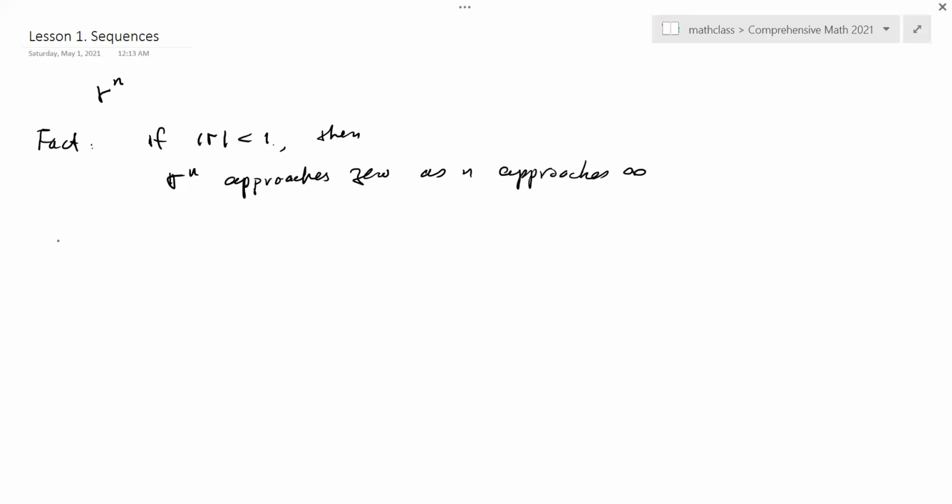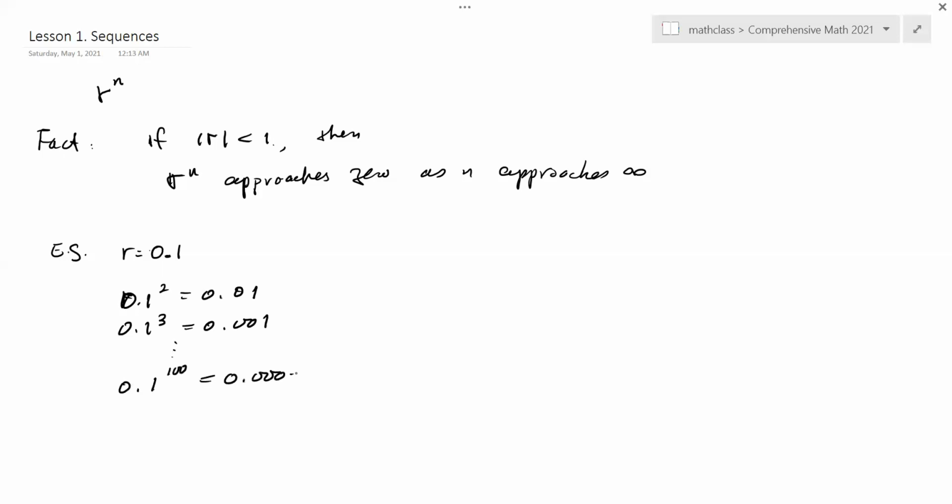For example, r is going to be 0.1, right? 0.1 squared is going to be 0.01, right? 0.1 cubed is going to be 0.001, right? And then just keep it going, 0.1 to the 100th power.